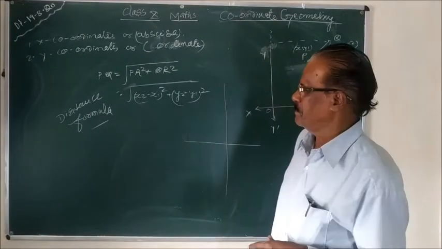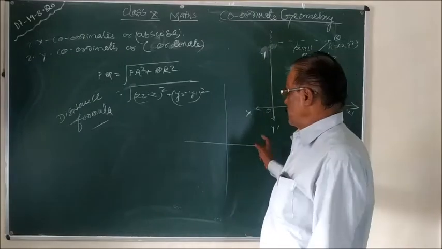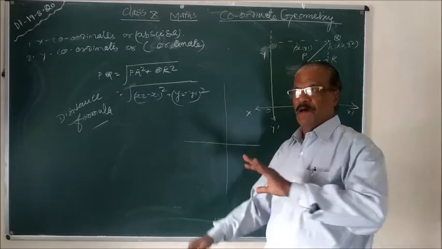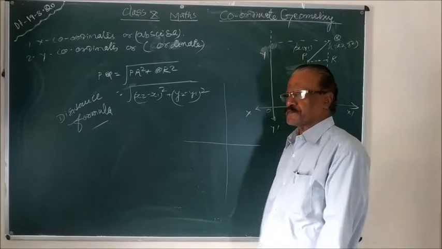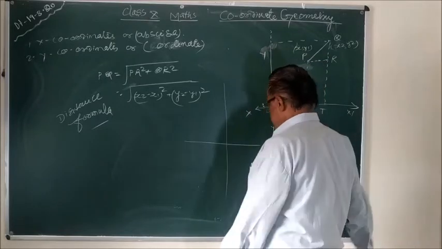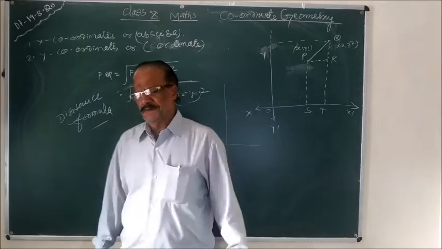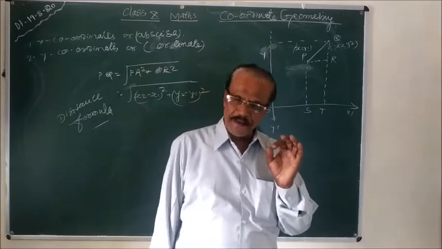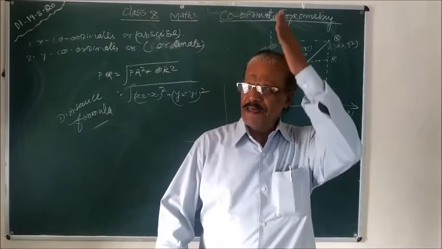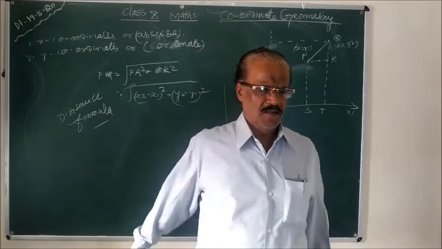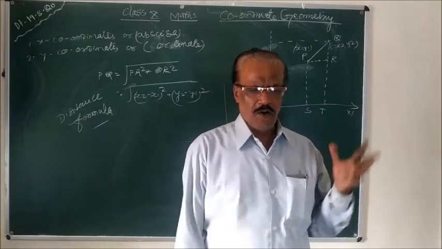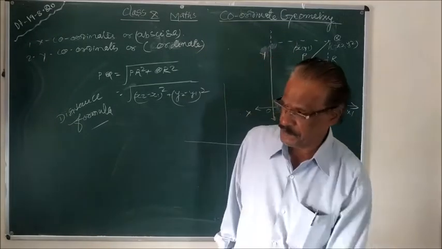You must have learned that when we draw two perpendicular lines in a plane, the horizontal line is called the x-axis, and the vertical line drawn is called the y-axis.